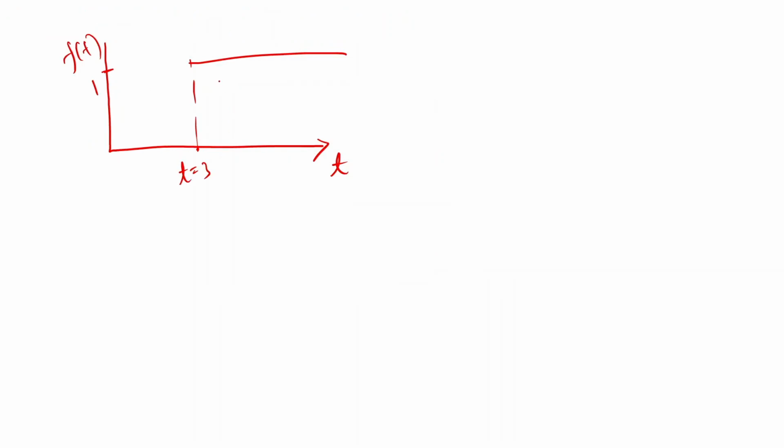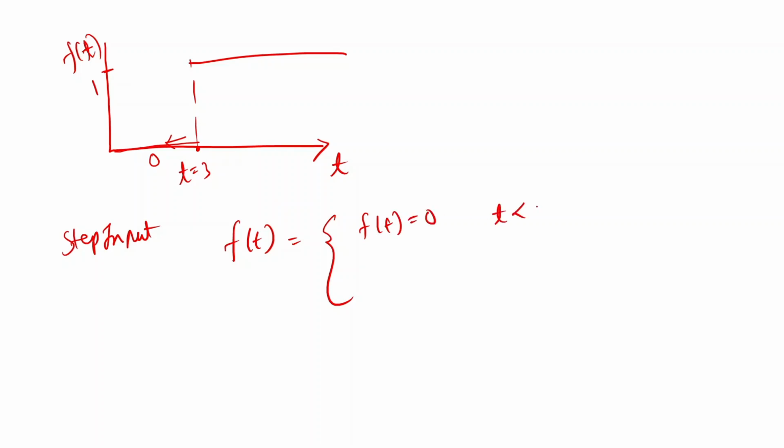So from this plot we can write the function, this step input, as f of t is equal to 0 at t less than 3, and f of t is equal to 1 for t greater than 3. And we have to find the Laplace transform of f of t.